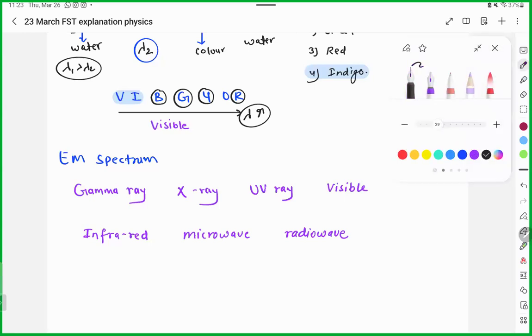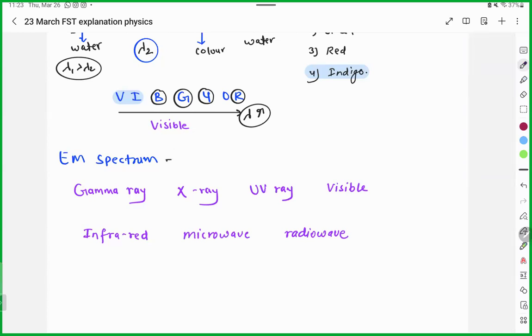So this is the sequence of the electromagnetic spectrum. We know if you take the criteria of wavelength lambda, wavelength will increase along the sequence. It means maximum wavelength will be present in the radio wave.